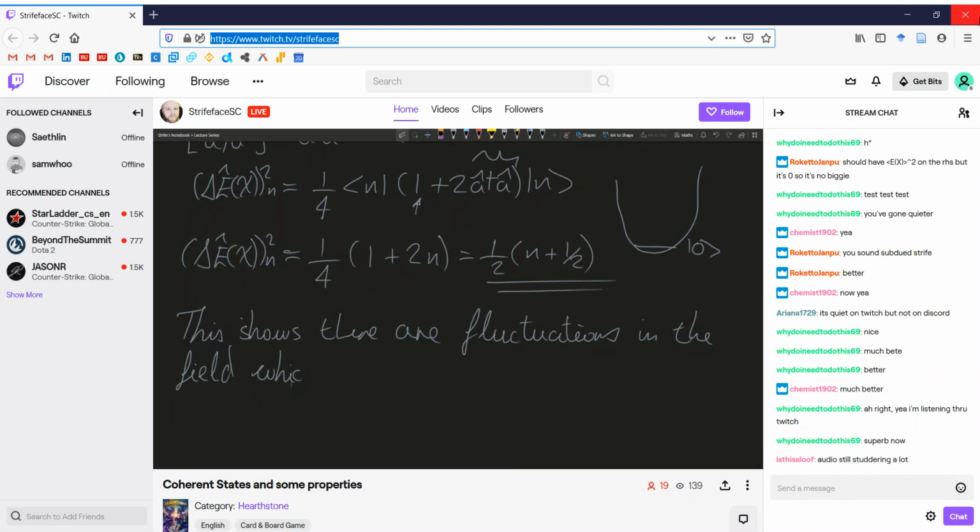Continue, and if it keeps continuing, I can stop and have a look at what's going on. This signifies we are dealing with a non-classical state.